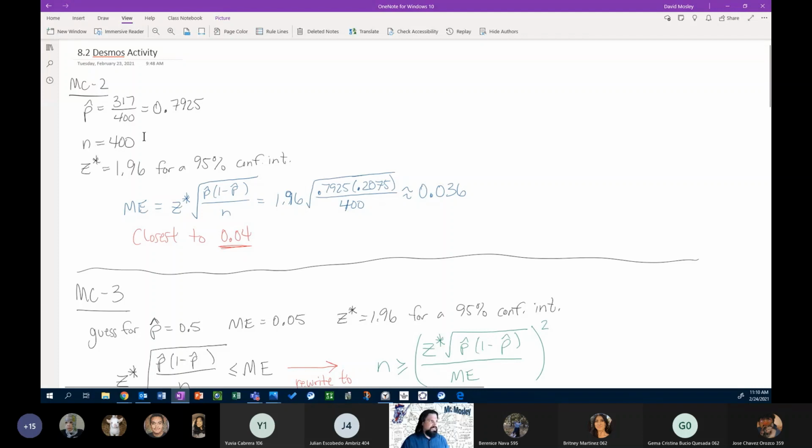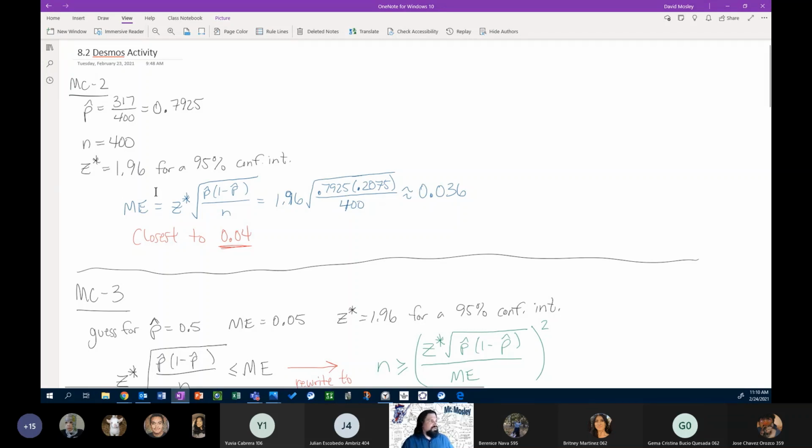The sample size n was 400. Z star, our critical value, is 1.96 for a 95% confidence interval. We saw this yesterday, right? We saw that 1.96 is a better approximation for that 95% center area of our normal curve than 2.